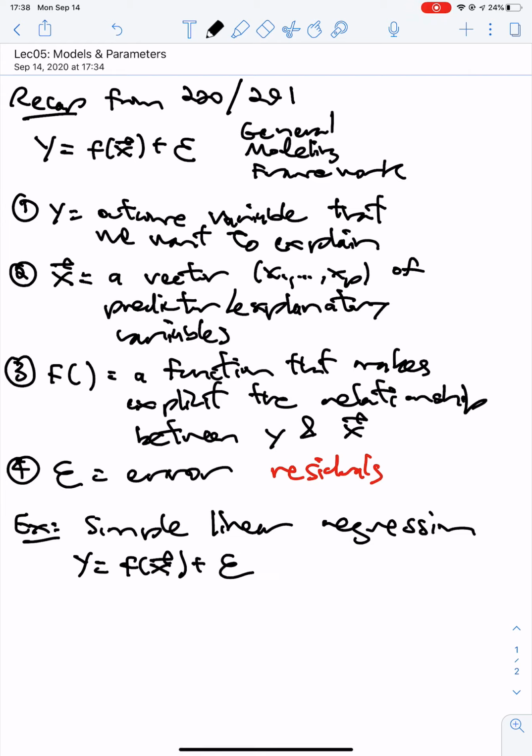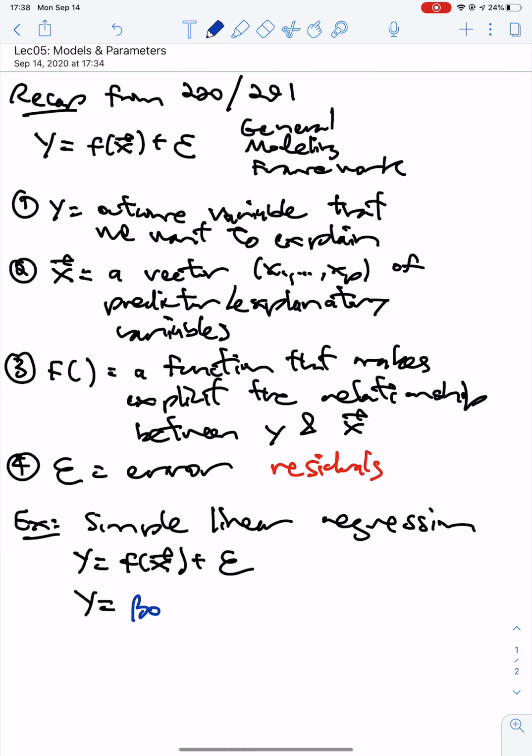There's only one x, okay? But it is y equals, and I'm going to change color pens for this, beta naught or beta 0 plus beta 1 times x plus epsilon.